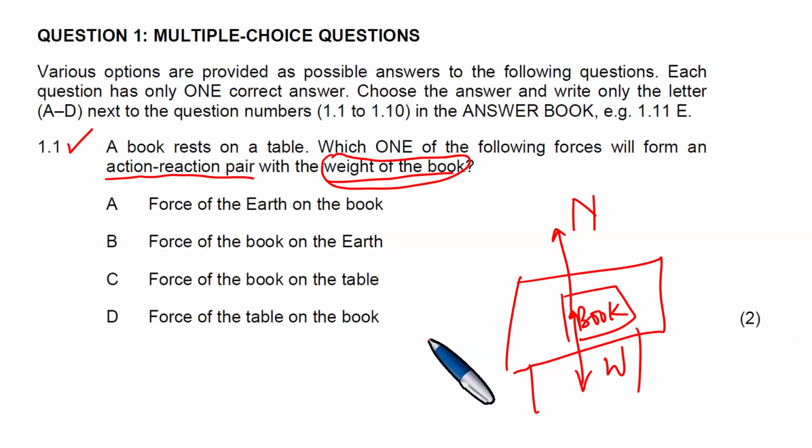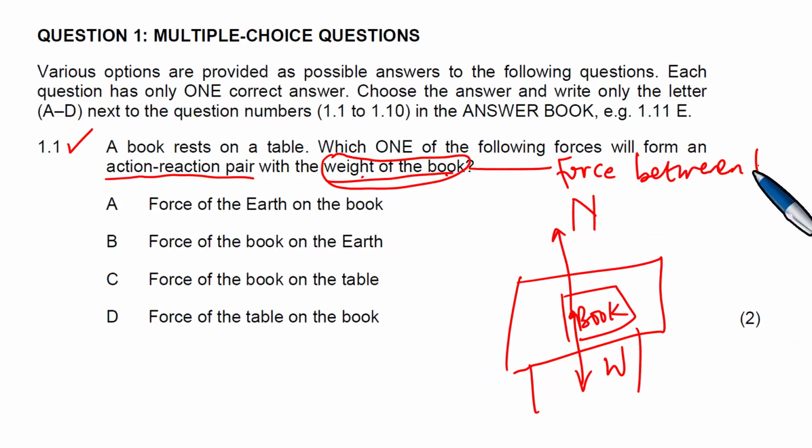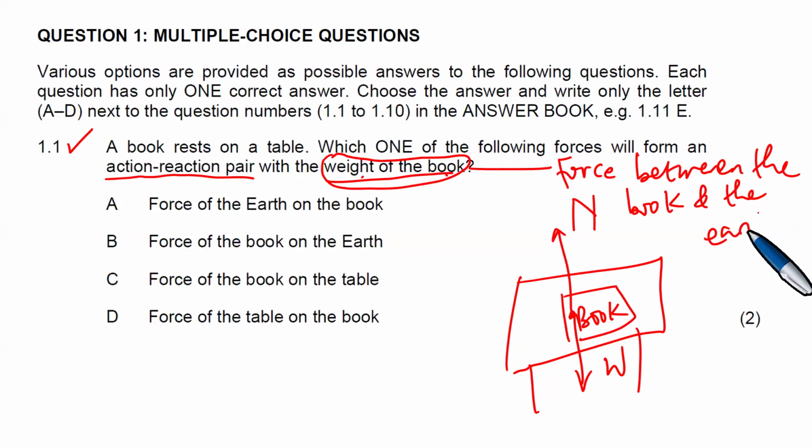So at this point, what we are able to realize is that we are looking at the weight of the book. The weight of the book describes a force between the book and the earth. This is Newton's third law.